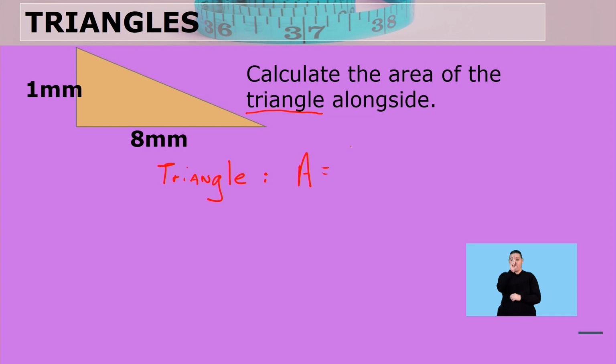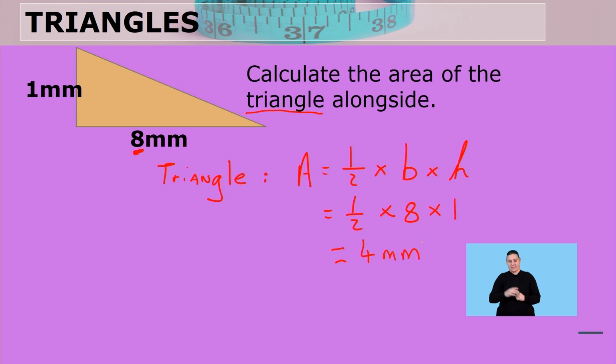Area is half times base times height. That's half, because that's always there, times base. What would the base be? Base in this case is the 8, because that's the line at the bottom. And then the height is the line that goes upwards, the vertical line. Multiply by height, which is 1, and this gives me 4 millimeters squared. Nice work. We found the area of a triangle.